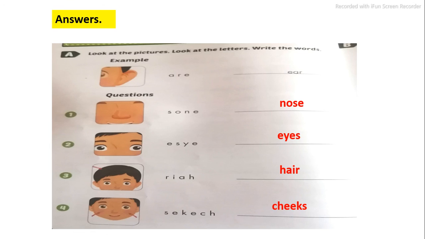And then the answers for the section in the workbook. N-O-S-E, it's the correct spelling of nose. E-Y-E-S, eyes. H-A-I-R, hair. And C-H-E-E-K-S, cheeks.